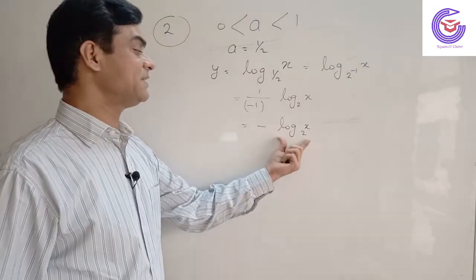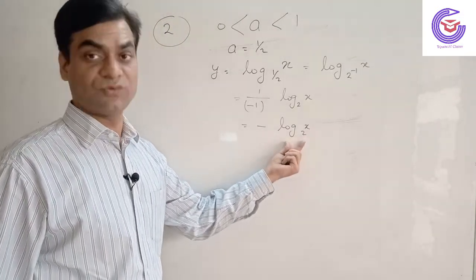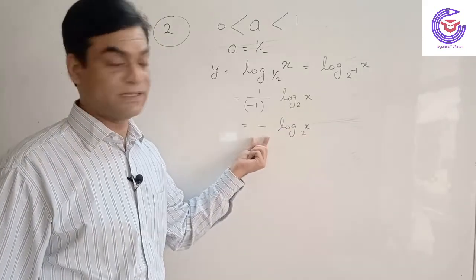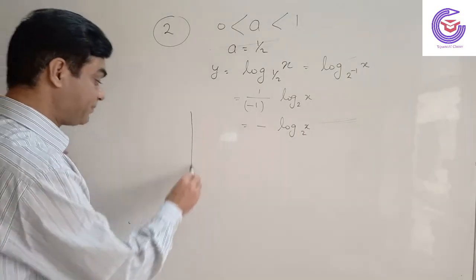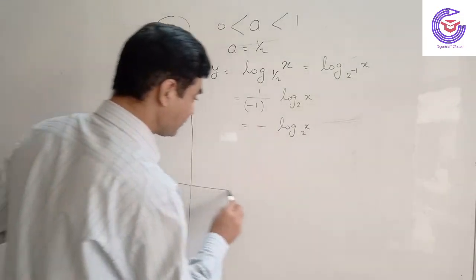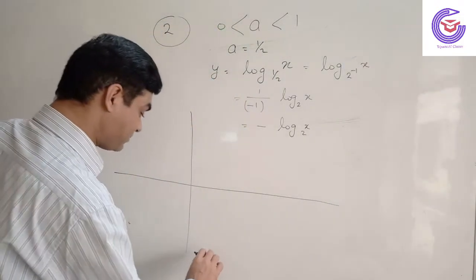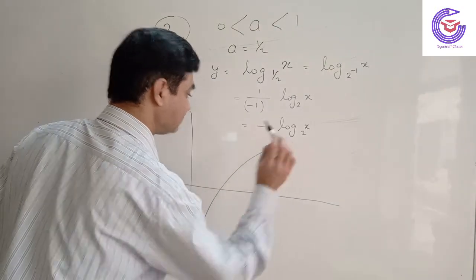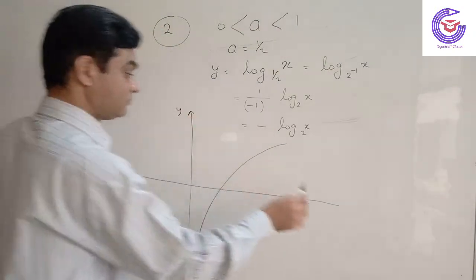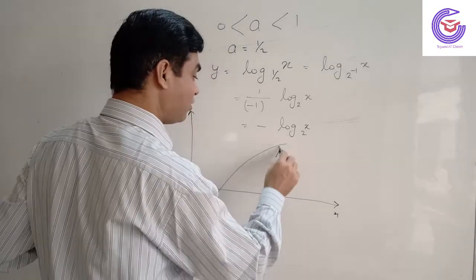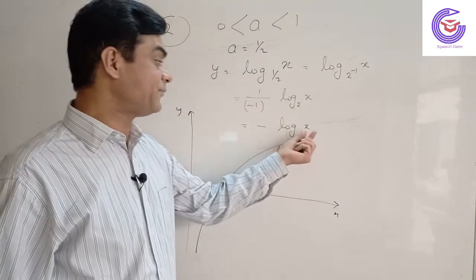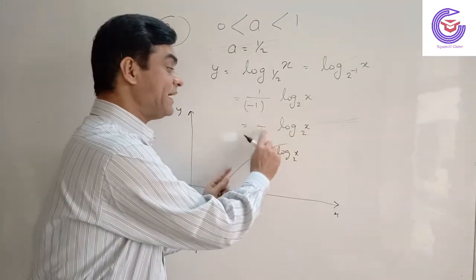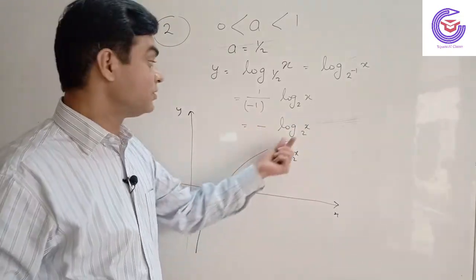So it is the graph of log x base 2, but on the negative side. Let's first plot log x base 2. It will look something like this. Now we have to plot minus of log x base 2.